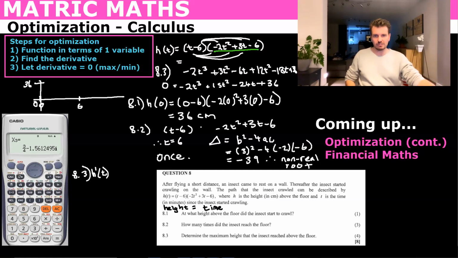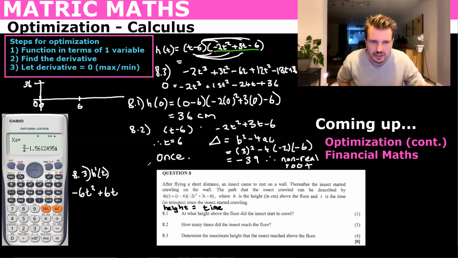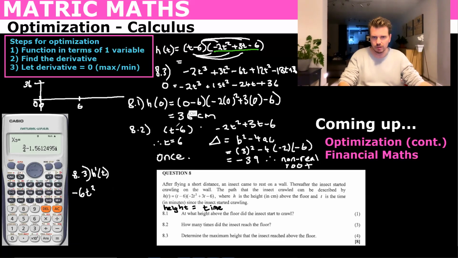And then I find the derivative of this value, which is 2 times minus 3 is minus 6t, and I take 1 off the 3 to make it t squared. 2 times 3 is 6t, and then the derivative of minus 6t is, oh, wait, it's at the bottom. I was doing the top one.